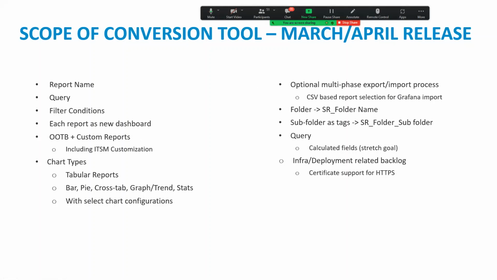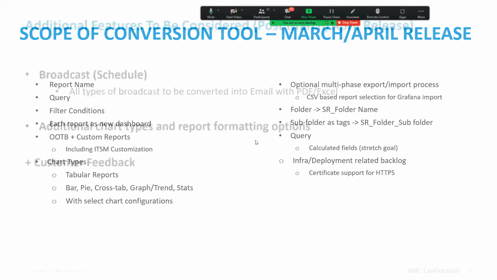You could take a phased approach where you say that only my service desk reports are what I migrate first, or let's say the reports my EMEA team uses are the ones that will migrate first. So you could identify those reports and push them through a CSV so that only those get processed, and you can do this process multiple times. It will also get the folder, subfolder, the query and other deployment-related things.